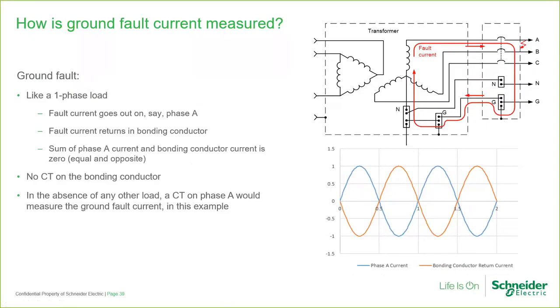The sum of the current going out on phase A and the current returning in the bonding conductor is 0 because they're equal and opposite. But there is no CT on the bonding conductor to cancel out the current measured on phase A. In the absence of any other load, a CT on phase A would measure the ground fault current in this example.